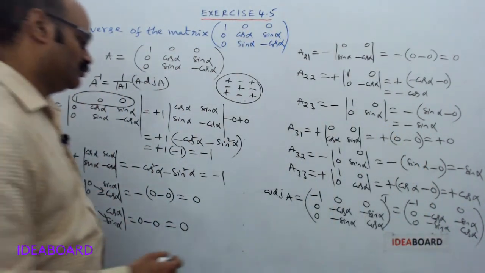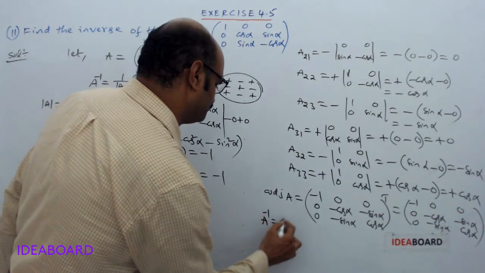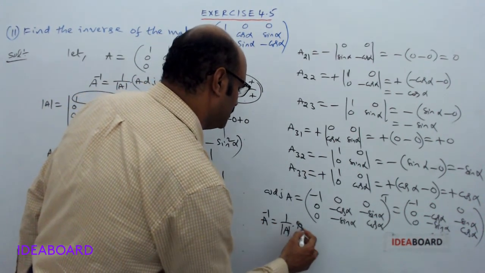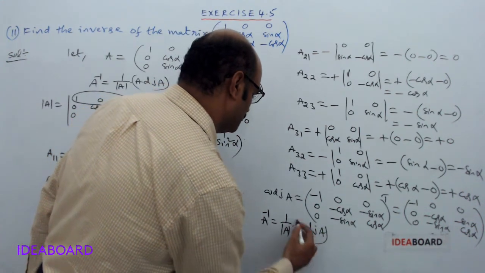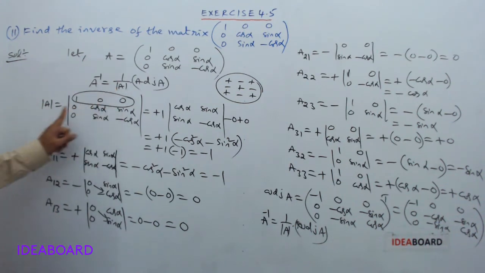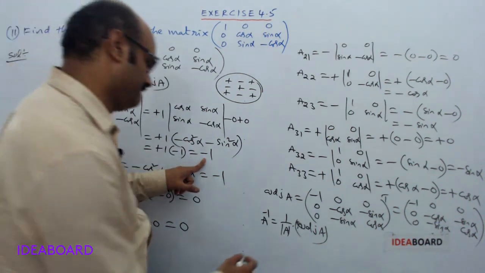A inverse equal to 1 by det A into adjoint of A. So 1 by det A, here det A equal to minus 1.